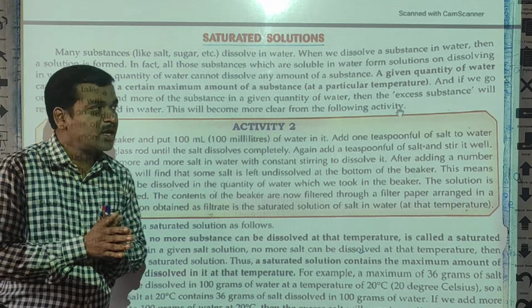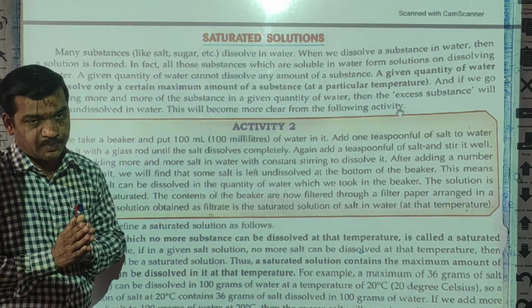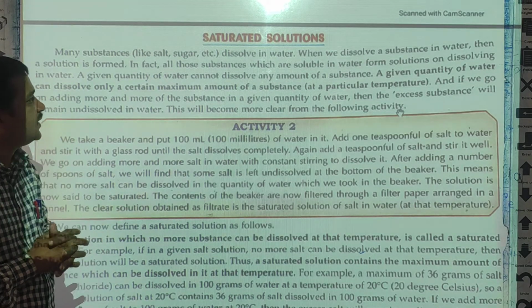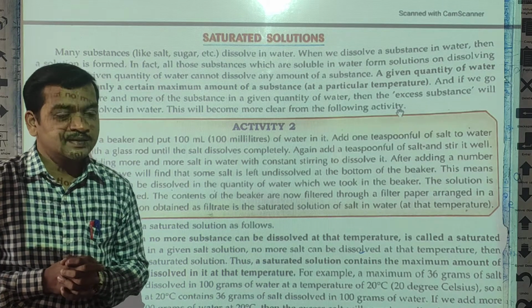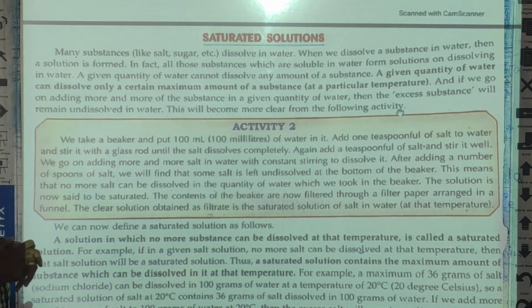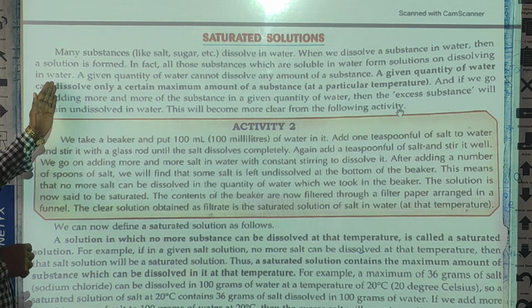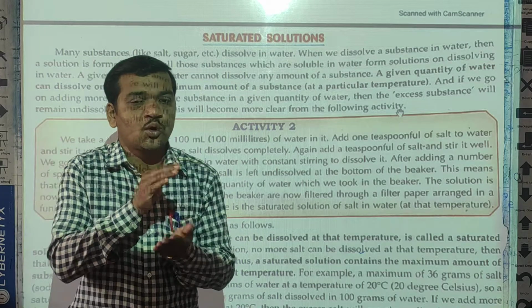These substances are soluble in water, meaning they dissolve in water. Those substances that dissolve in water we call soluble substances, and these soluble substances can dissolve in a particular quantity.